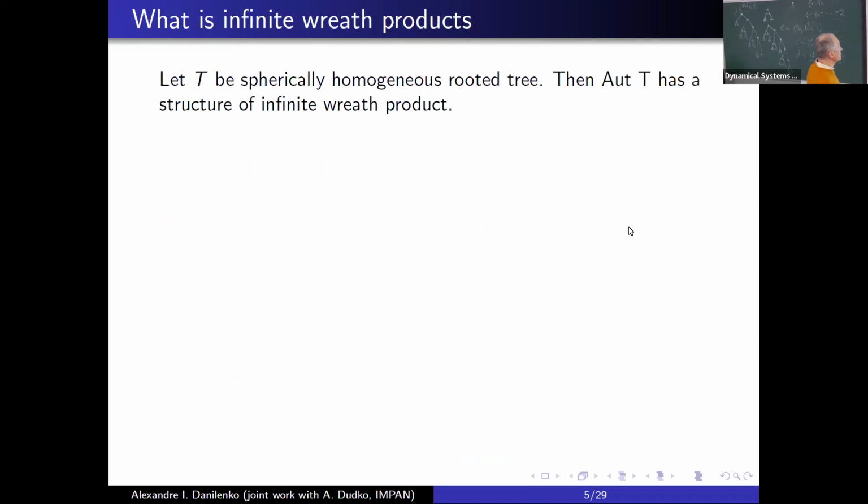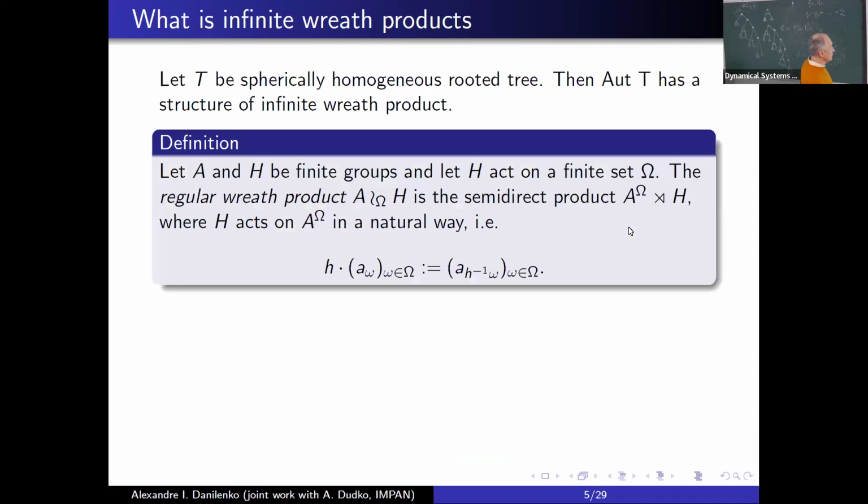So let T be a spherically homogeneous rooted tree. Then the group of automorphisms of T has the structure of an infinite wreath product. What is an infinite wreath product?